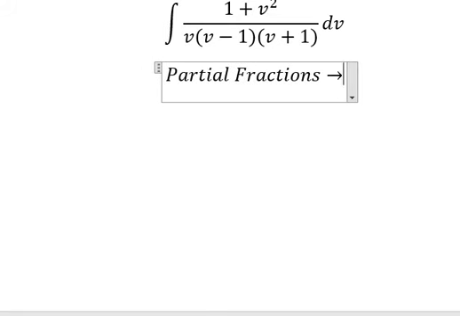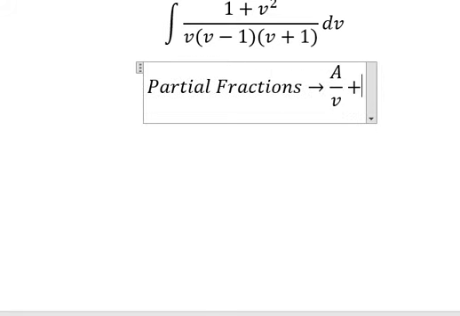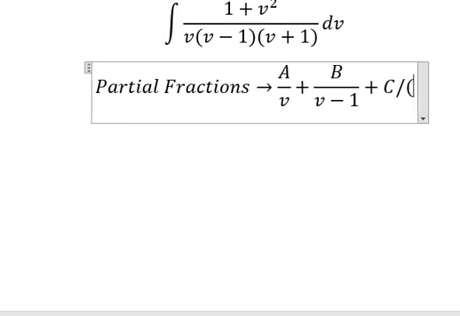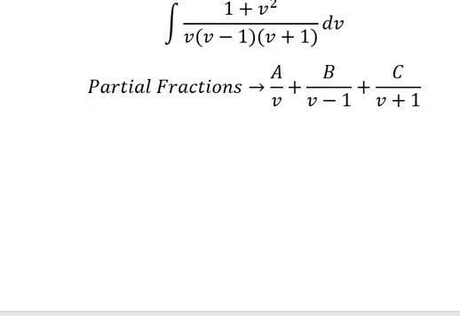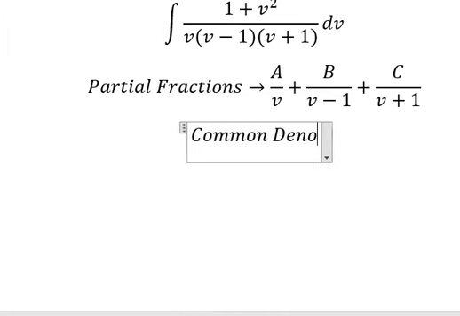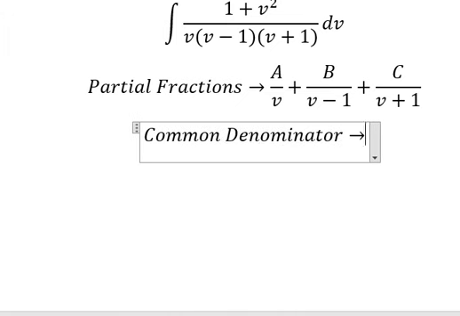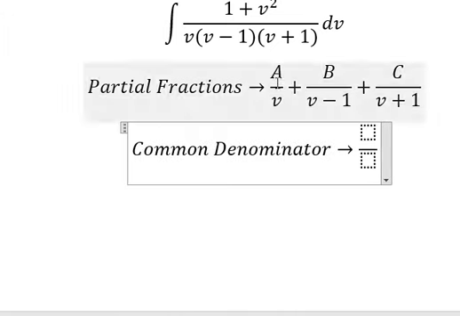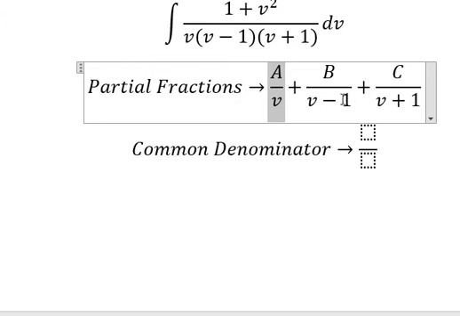So I will put A over v plus B over v minus 1 plus C over v plus 1. And now we do common denominator. About the first one, it is missing v minus 1, v plus 1.